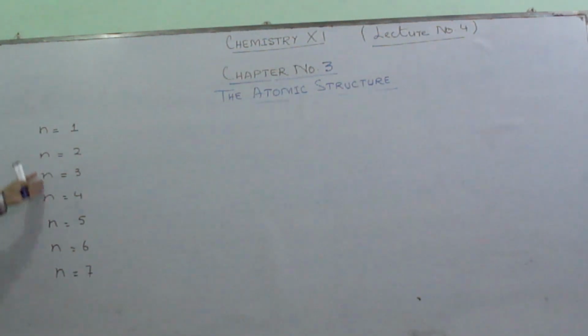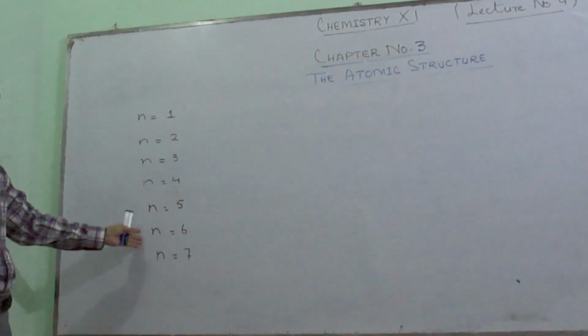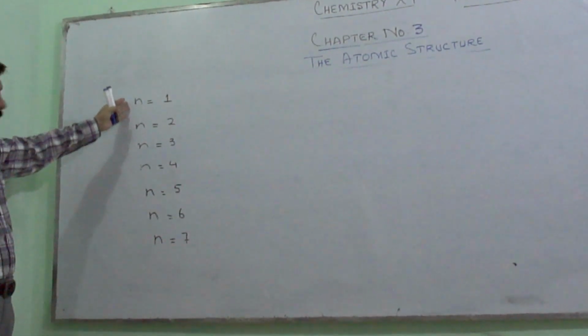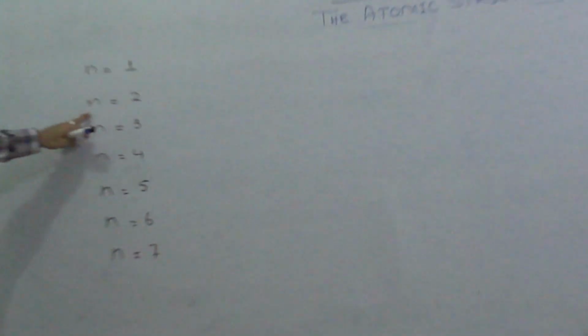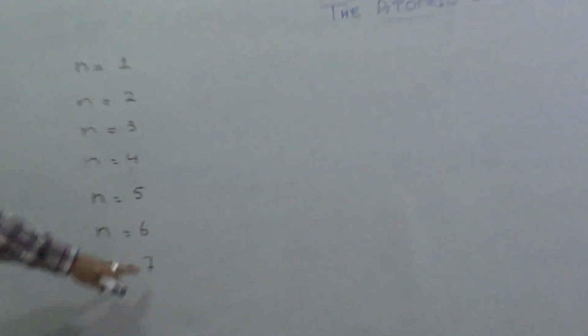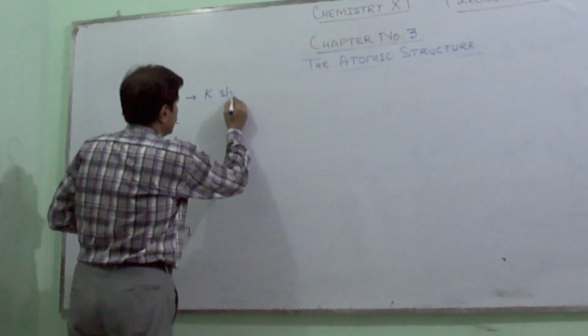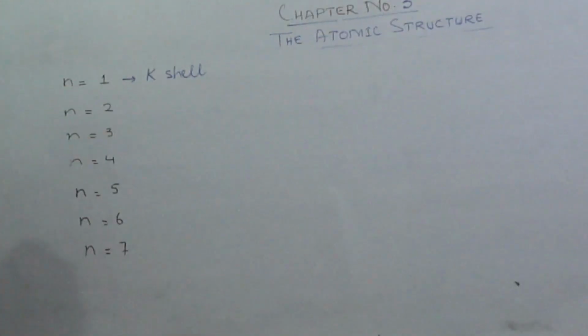Dear students, these are the values of principal quantum number, and principal quantum number, you must be knowing, has the symbol small n, and its value ranges from 1 to 7, for which we represent different shells. If principal quantum number value is 1, it represents K shell.